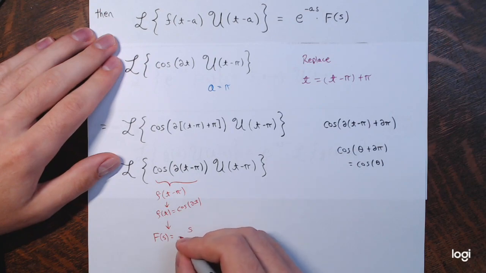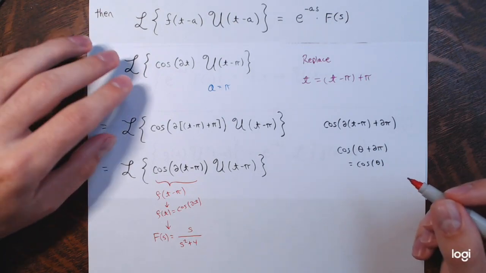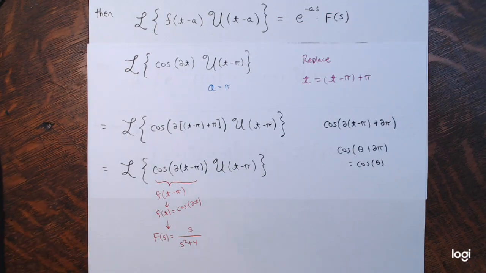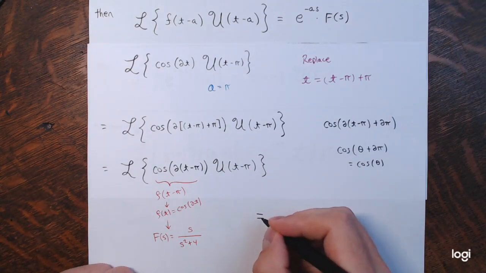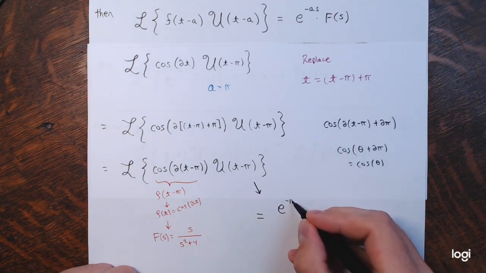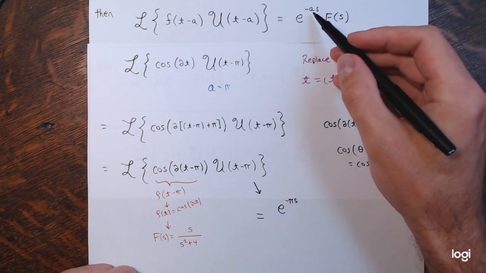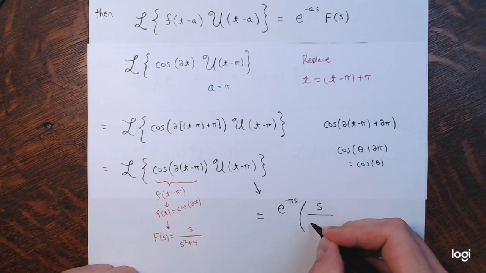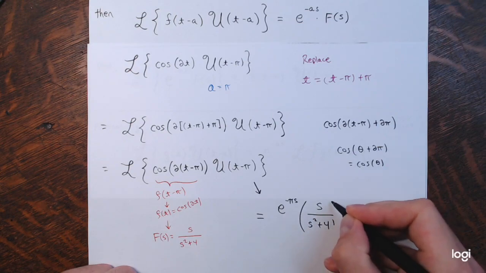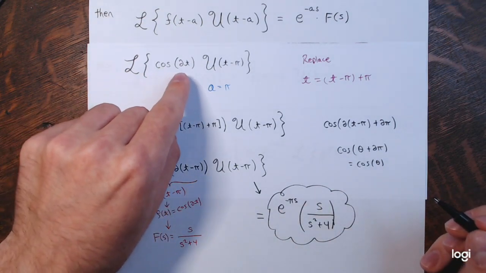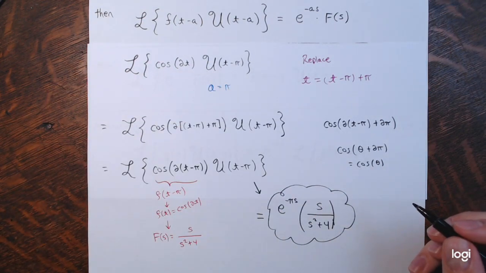Remember, that would be s over s squared plus 2 squared, or s squared plus 4. All right, and I've got a is pi. I know F of s. We can finish the Laplace transform now. So all said and done, this is equal to e to the negative pi s power, a is pi, times F of s, times this s over s squared plus 4. And there's the Laplace transform of the cosine of 2t times the unit step function at t minus pi.